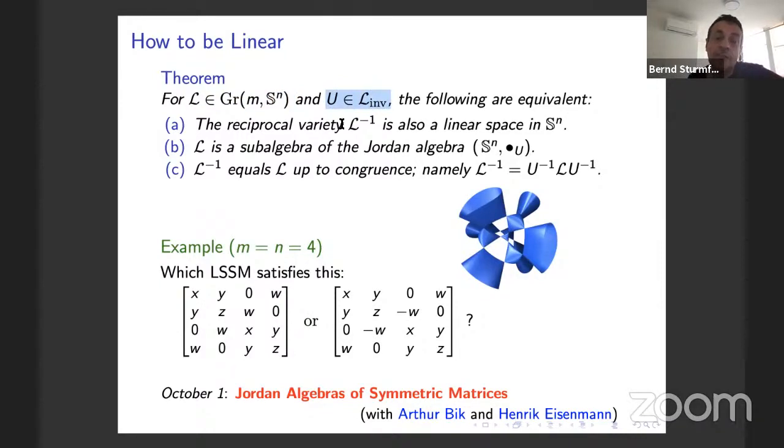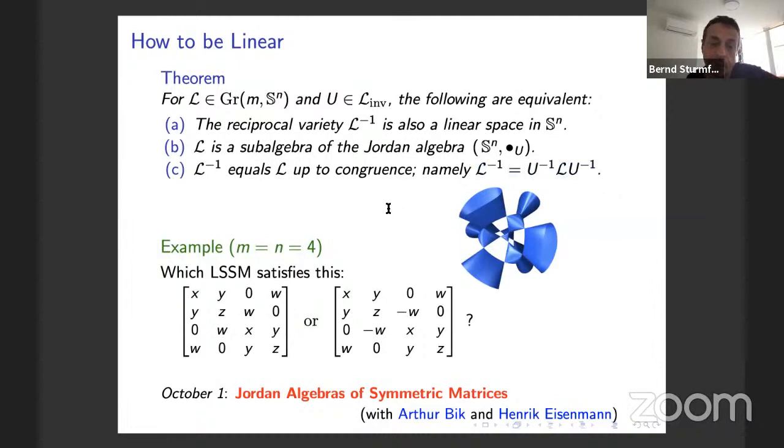A, the reciprocal variety is again a linear space. So both L and L inverse are linear spaces. That is equivalent to saying that L, the linear space, has the structure of a subalgebra of the Jordan algebra given by U. And once that's the case, then L and L inverse are equal up to congruence, namely we have this relation.